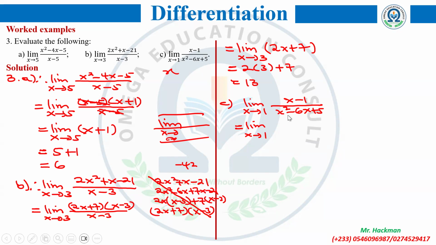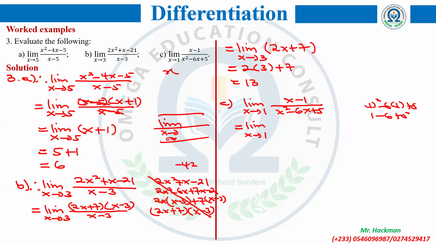Am I right? So we did that mentally. If you can't do it mentally, as your rough work, you get 1 squared minus 6 into 1, then plus 5, which gives you 1 minus 6 plus 5, which is equal to 0. So you know that the denominator will not allow direct substitution. All correct? Yes, sir. Okay, great.